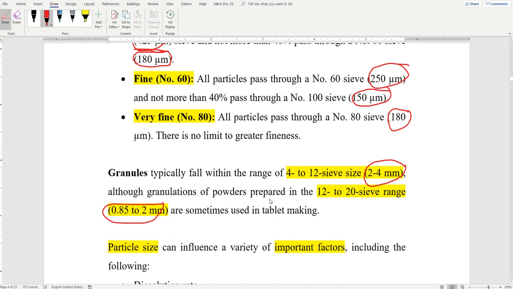The larger granules are usually used when you are using granules as such as a dosage form, but when you are using them as an intermediate step in making tablets, usually the size is smaller.